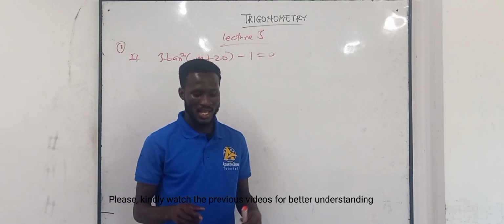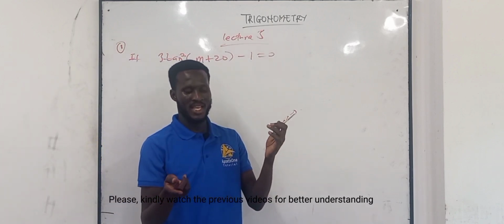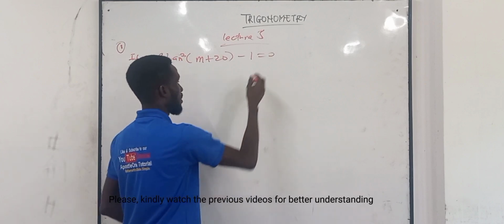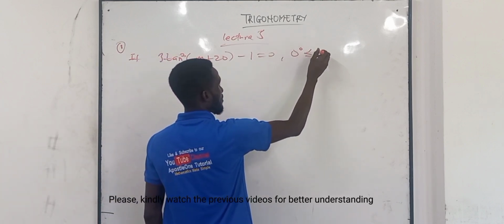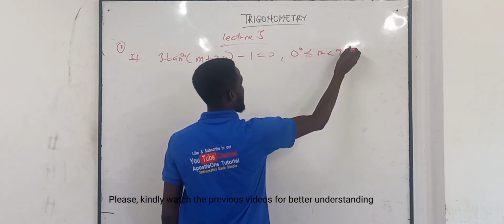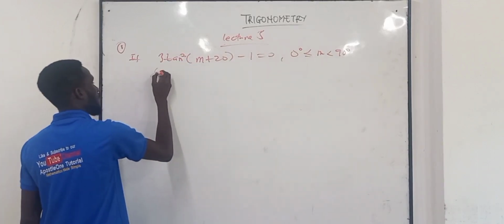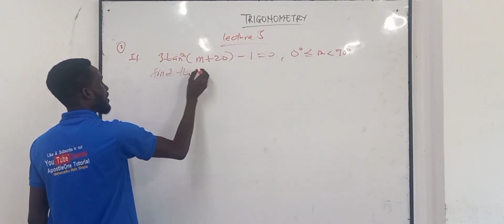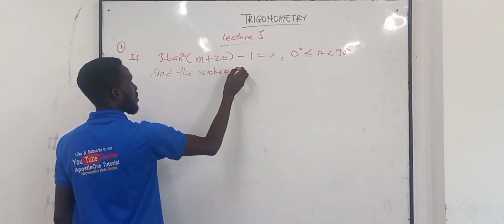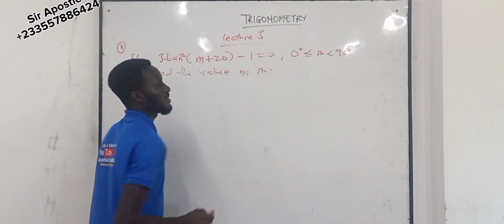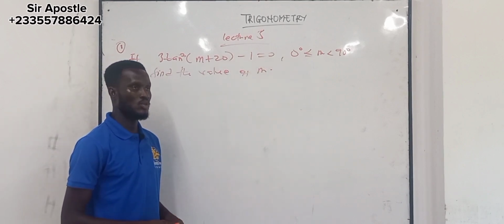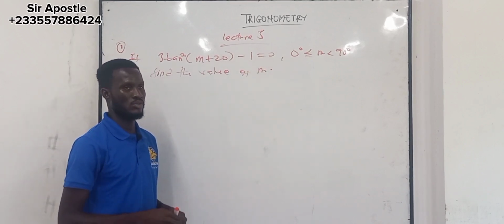And it says that m is between 0 and 90 degrees. We are to find the value of m. Please visit lecture 5 and go through this one. Make sure you like the video.